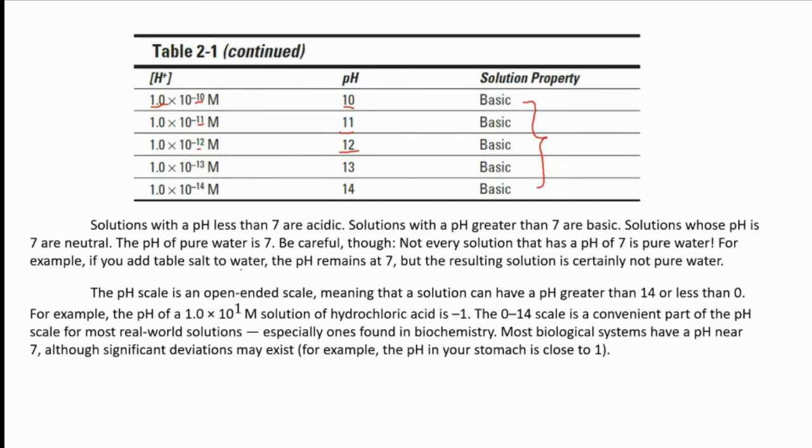Solutions with pH less than 7 are acidic, greater than 7 are basic, and solutions whose pH is 7 are neutral. The pH of pure water is neutral, but be careful: not every solution with a pH of 7 is pure water. For example, if you add table salt to the water, the pH remains at 7, but the resulting solution is certainly not pure water.